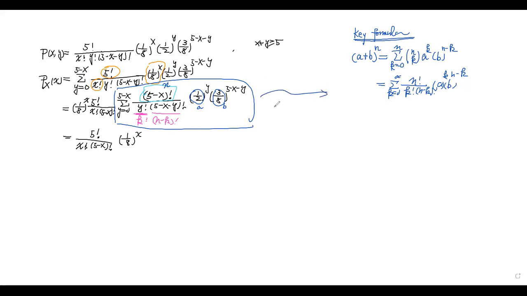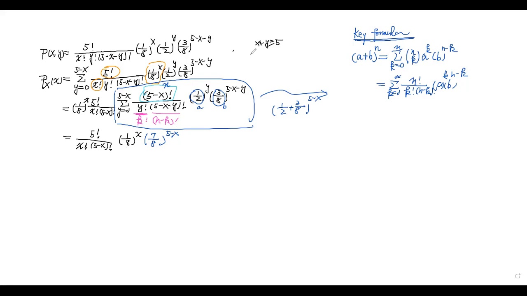So what is this one going to become? It's (a + b) to the nth power, where n is 5 − x. So 1/2 plus 3/8 is 7/8, to the 5 − x.